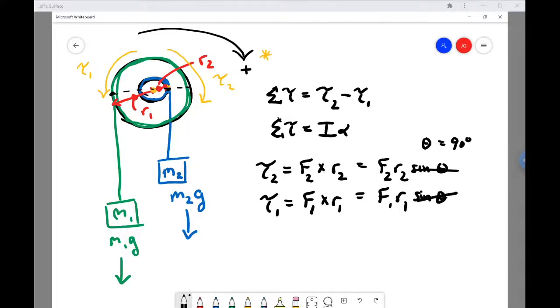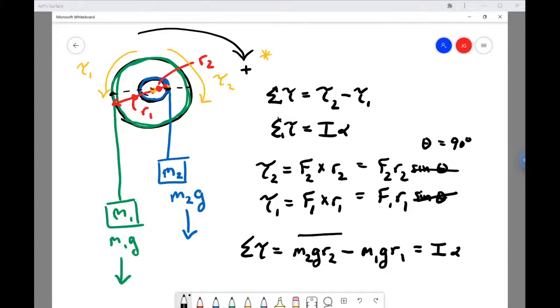So when you write out the net torque, torque 2 is equal to that force F2, which is the weight of mass 2, times R2, minus the weight of mass 1 times R1, and that's going to equal the rotational inertia times alpha. So you have this equation that governs the dynamics of what's going on.